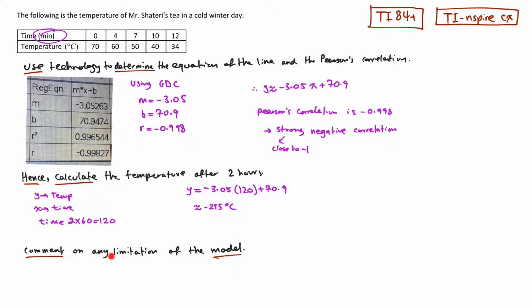So here it says comment on any limitation of the model. We can actually say it is not a good model when we extrapolate, as shown above.